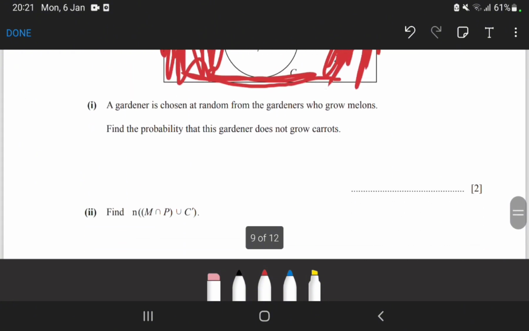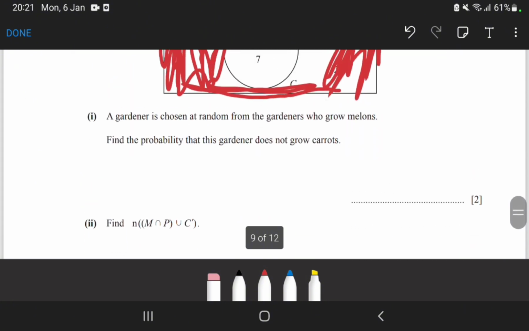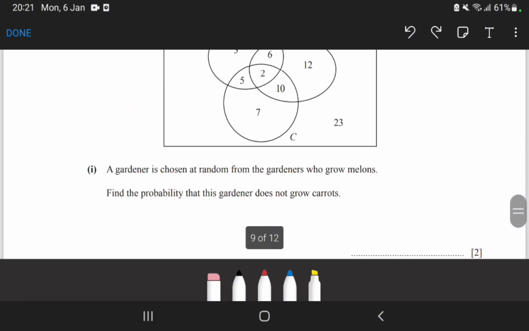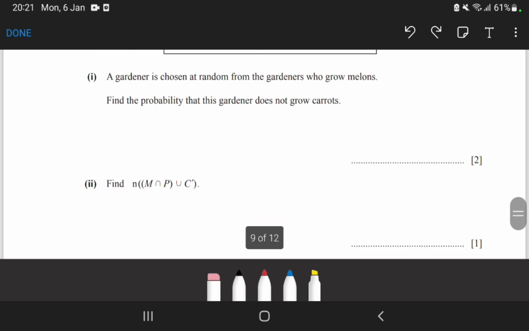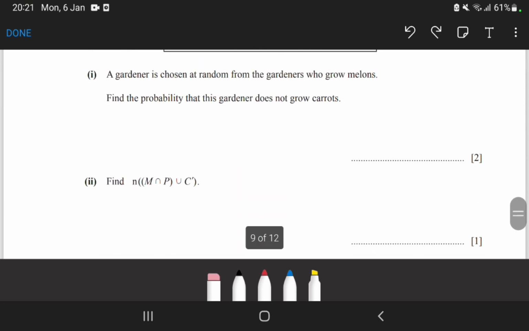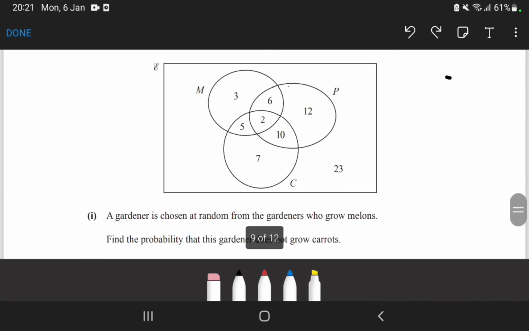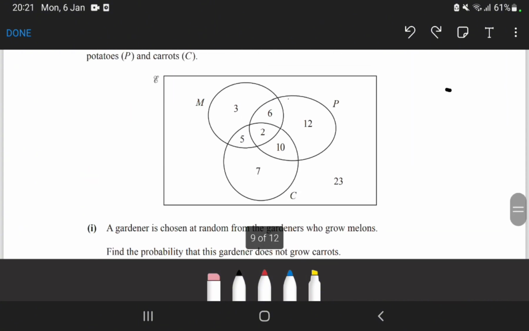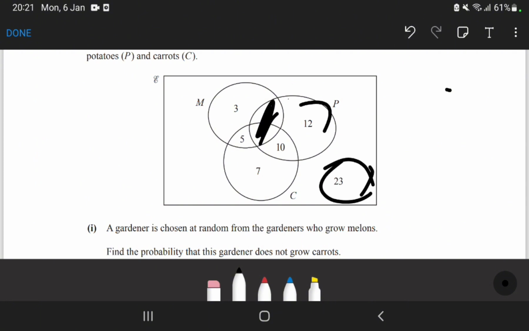So basically, we need to find M intersection P first, as we said, which is 8, and then you add the union of C prime. So you do 8, which is this part, union C prime. C prime includes the 23, the 12, and the 3.